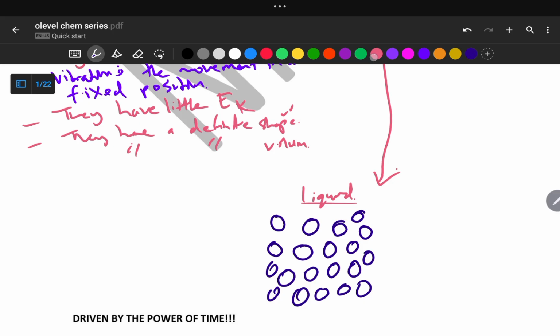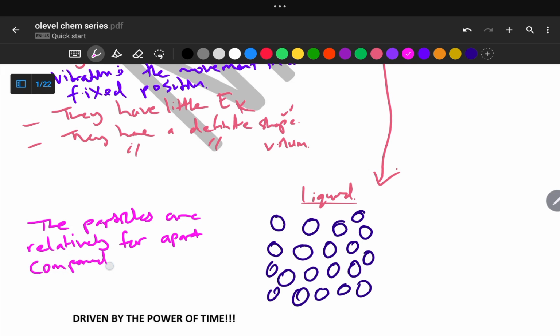So let us highlight the particles relatively far apart compared to the solids, right?